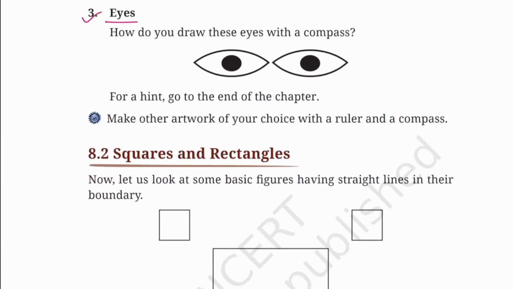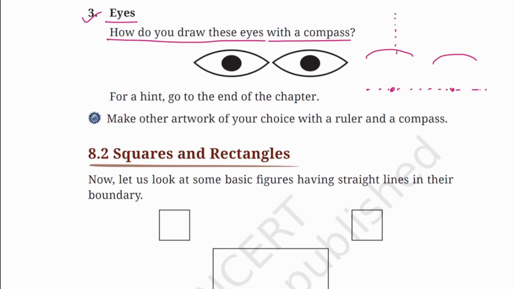3. Eyes. How do you draw these eyes with a compass? You can draw arcs like this using a compass. Please note that these 2 points should be in the same straight line.